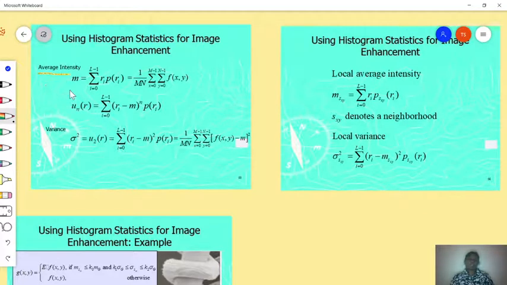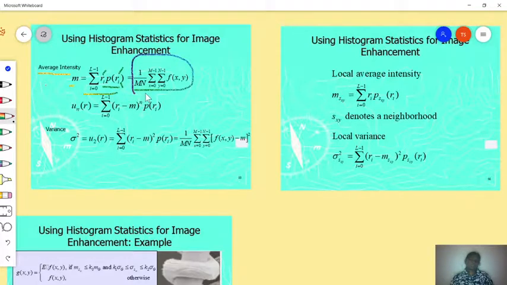Average intensity value: our m is the sigma of r, the intensity values, times the probability density function of the intensity pixel value. We know for this we got this equation.